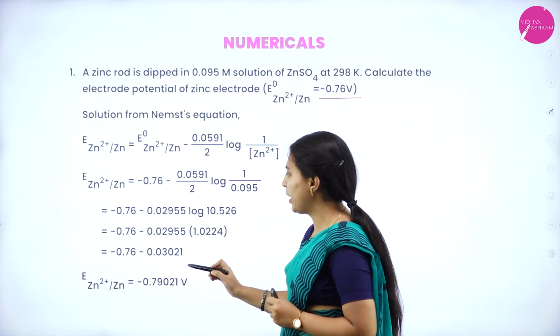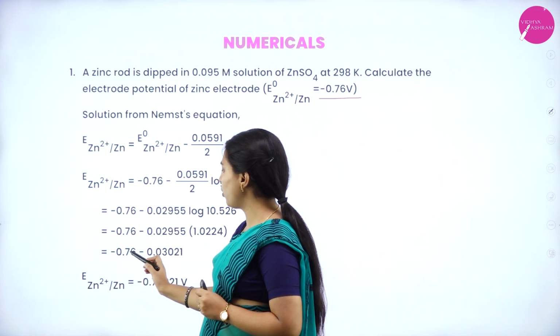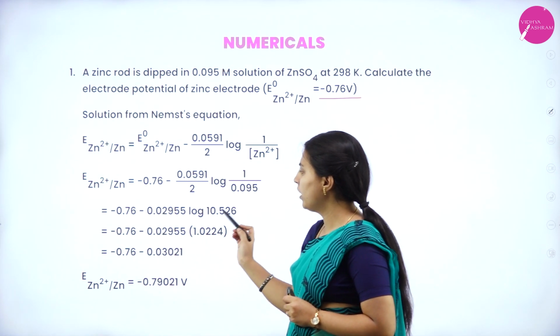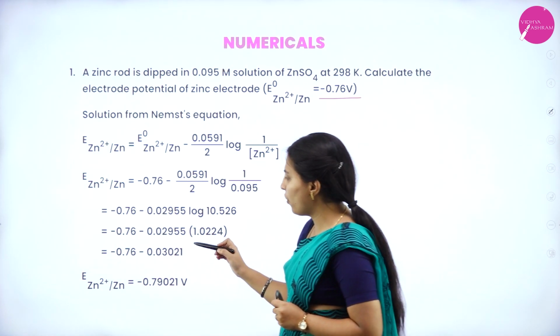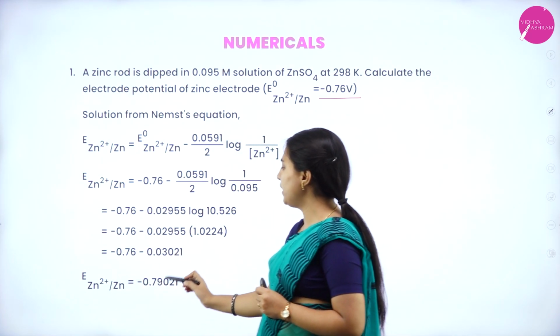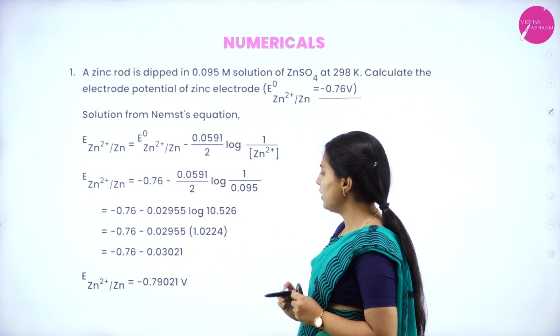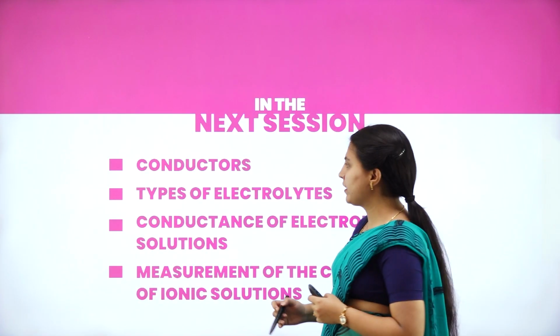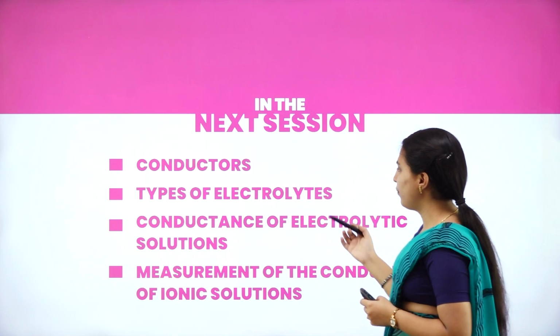You have to do the multiplication, and we get minus 0.76 minus 0.03021. So overall, the potential of that cell will be equivalent to minus 0.79021 volts.